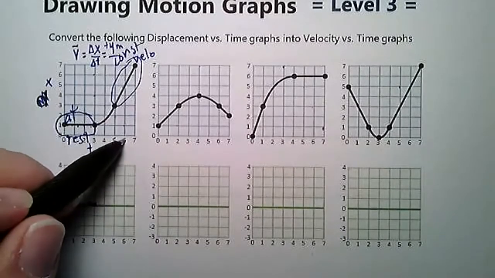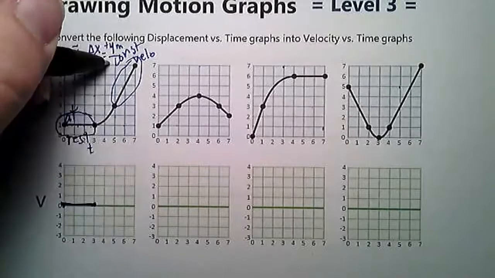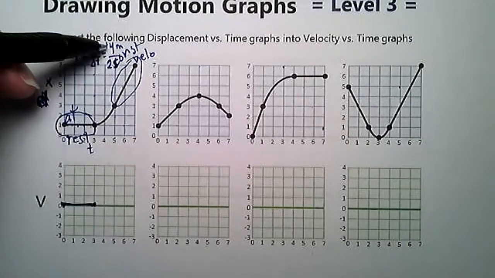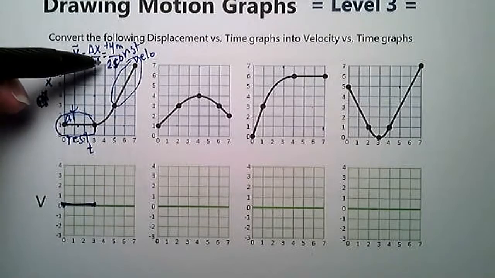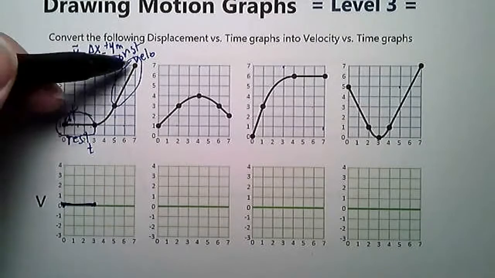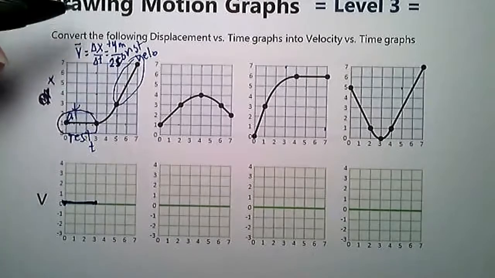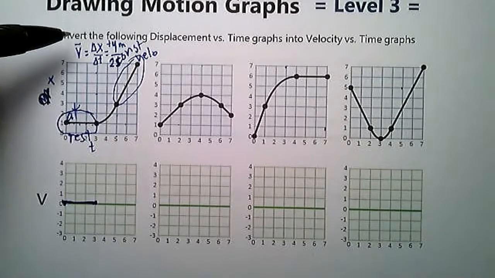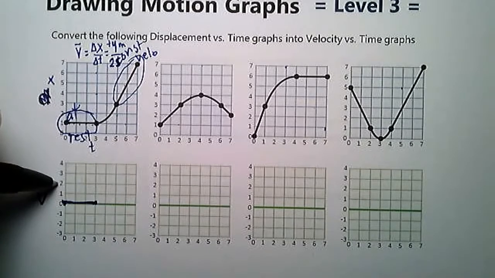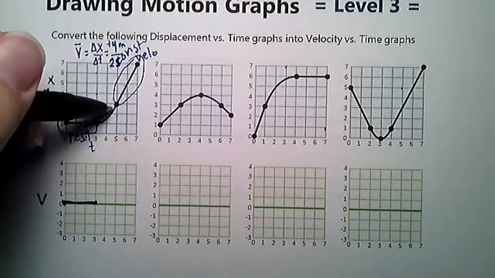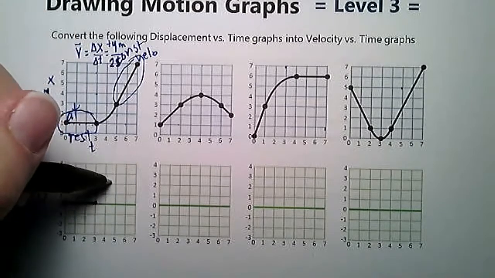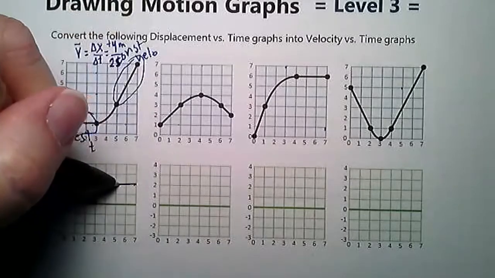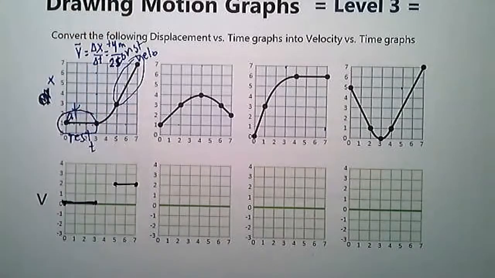Well, it went from 5 to 7. So the change in time was just 2 seconds. So 4 divided by 2, right here I have a velocity then. 4 divided by 2 is 2 meters per second. So I know that my velocity is going to be 2 meters per second, and it's constant. That slope is the same. So this is going to be a horizontal line that goes right like so.